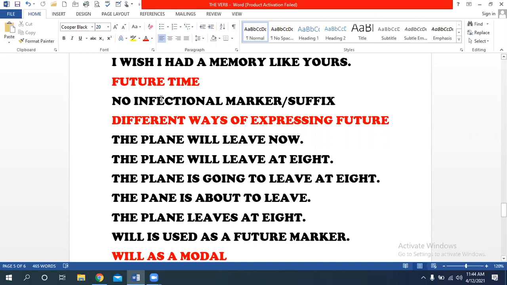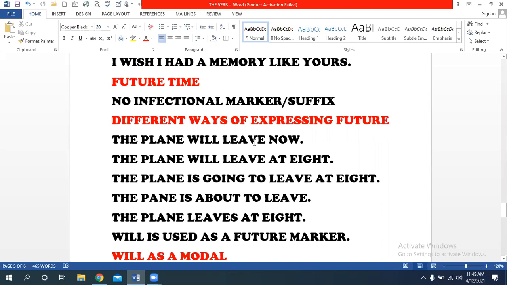So that's why we do not have future time in English. But there are different ways of expressing the future state of affairs in English language. फ्यूचर को हम मुख्तलिफ तरीक़ों से बयान करते हैं, मुख्तलिफ तरीक़ों से जो है उसको एक्सप्लेन करते हैं. Like sentences, the plane will leave now.